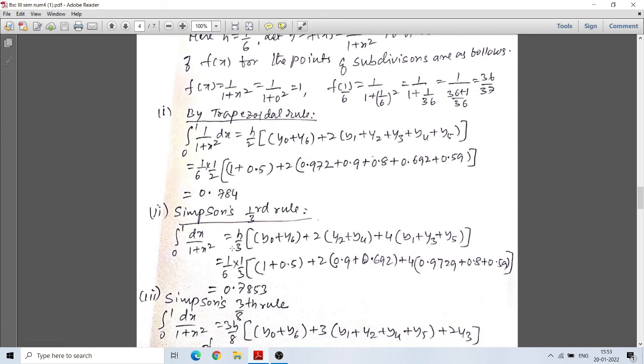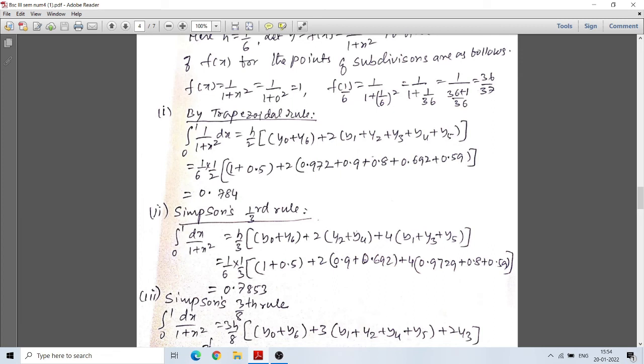Then using the Simpson 1/3 rule. This is the rule. Integral over the limit 0 to 1 of dx divided by 1 plus x square. I am using the same problem with all three different formulas: trapezoidal rule, Simpson 1/3 rule and Simpson's 3/8 rule. Then h by 3, h is 1 by 6. What is the difference between these two? Here 2 is common, and y1, y2, y3 come between y0 plus y6.